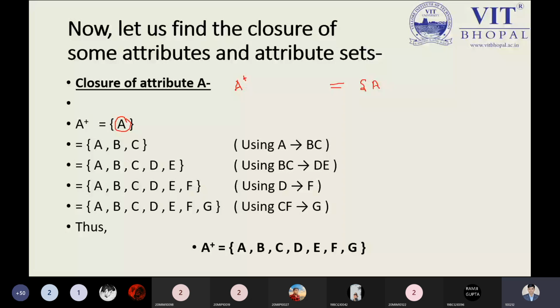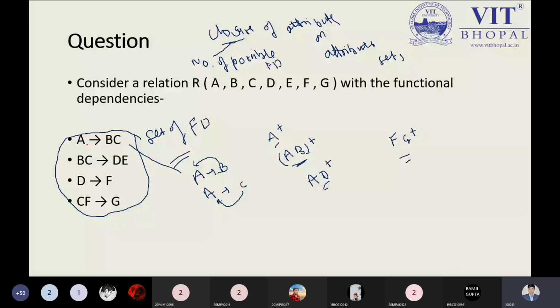A determinant to BC is given. So from this point, we can write A determinant to B is also possible, and A determinant to C is also possible.